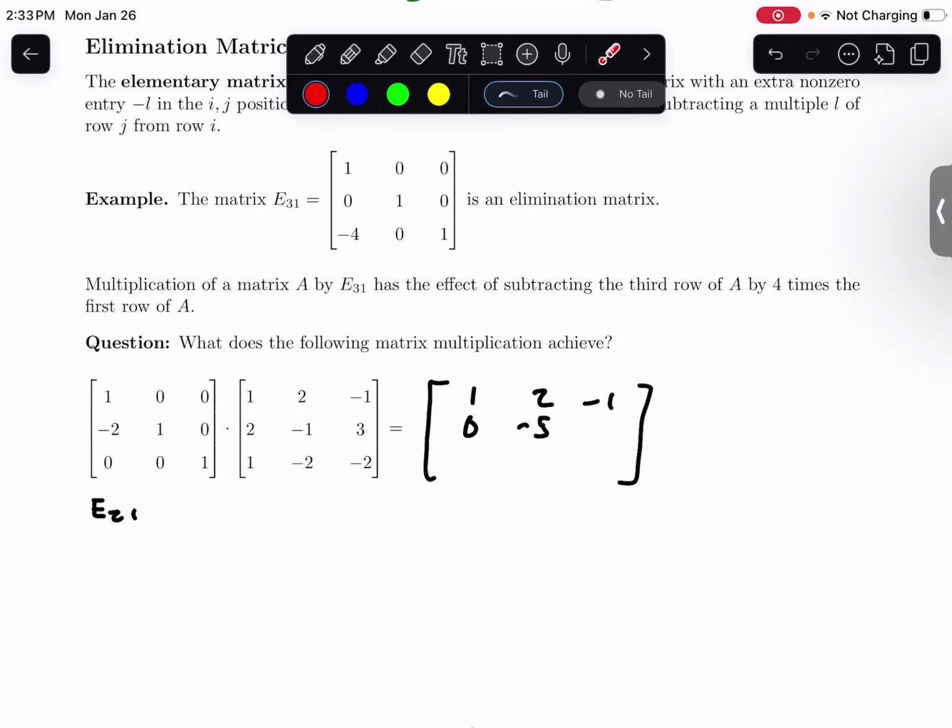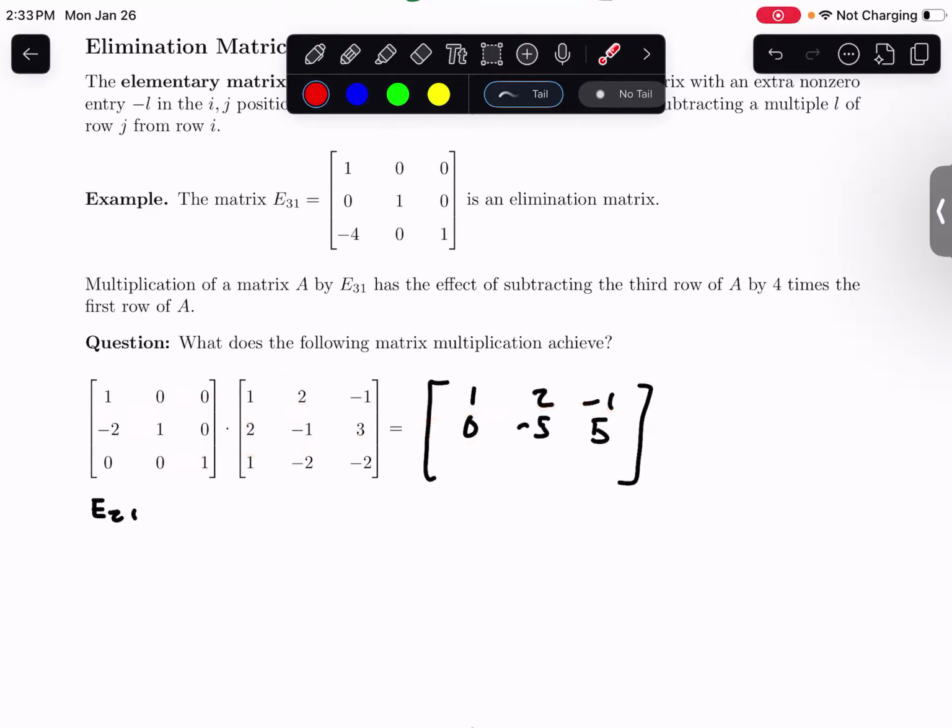For the last entry in the second row, -2 times -1 gives you 2, plus 1 times 3 gives you 5. So you can see how this -2 has the effect of multiplying the first row by -2 and adding it to the second row, which gives you what you have here.